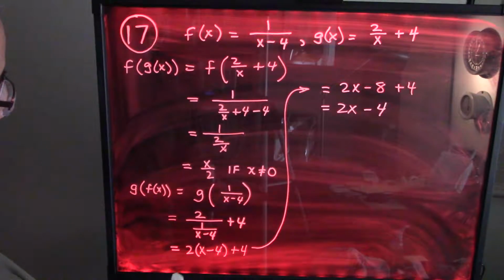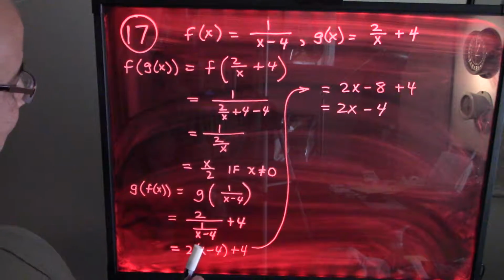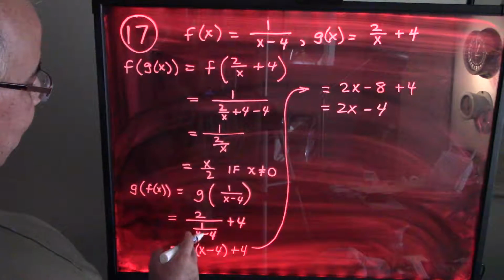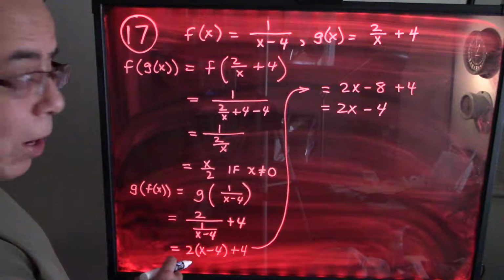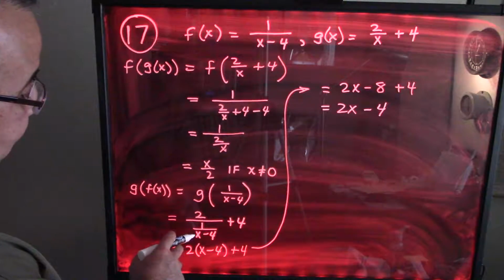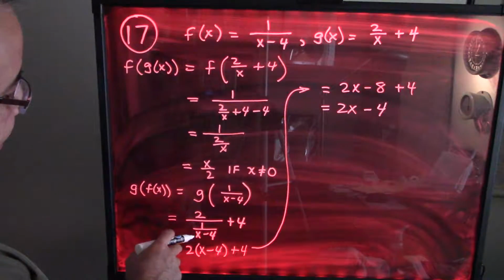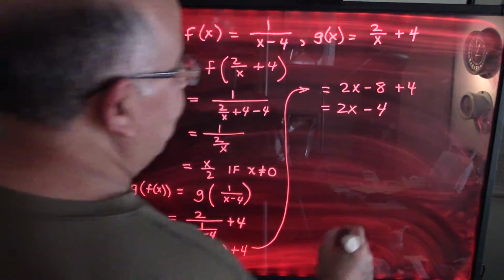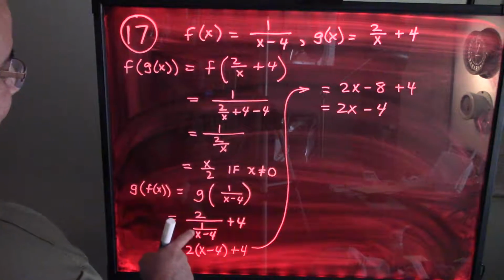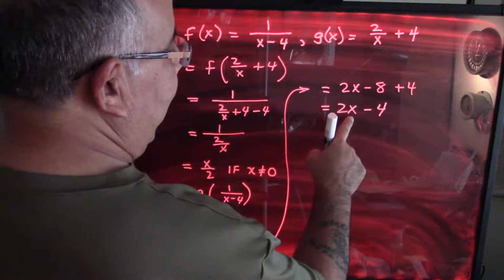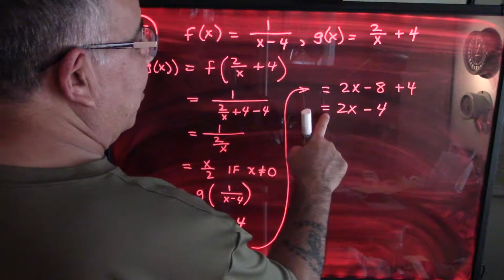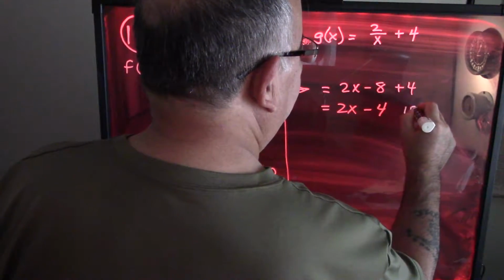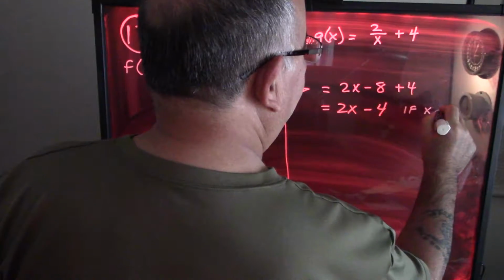Now again, what might be a problem with this? If x equals 4, you're going to have 1 over 0 in the denominator of the original expression, so it'll be undefined when x equals 4. So I'm going to say this function looks exactly like 2x minus 4 if x does not equal 4.